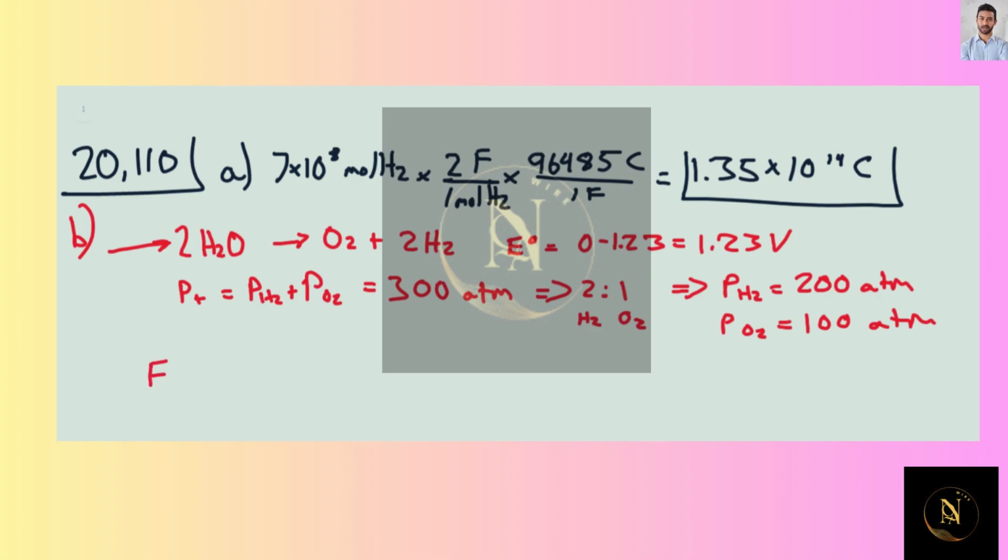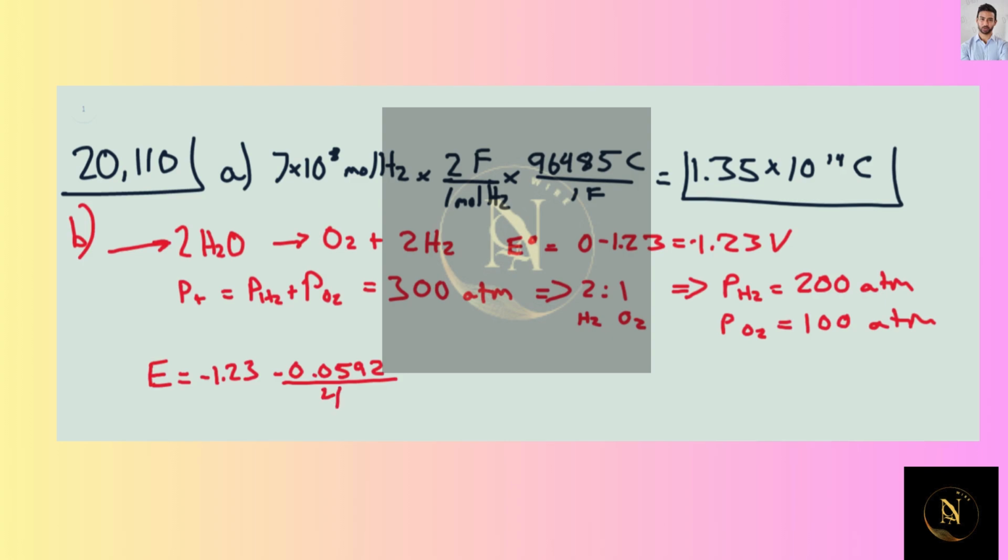So now we can calculate the minimum voltage required to drive this reaction. E is equal to the EMF, which is negative 1.23, minus 0.0592 divided by the total number of electrons transferred, which is 4. Then we get the log. We don't include H2O, but we include 100 for the pressure of oxygen and 200 for the pressure of hydrogen, which is squared because of the stoichiometric coefficient.